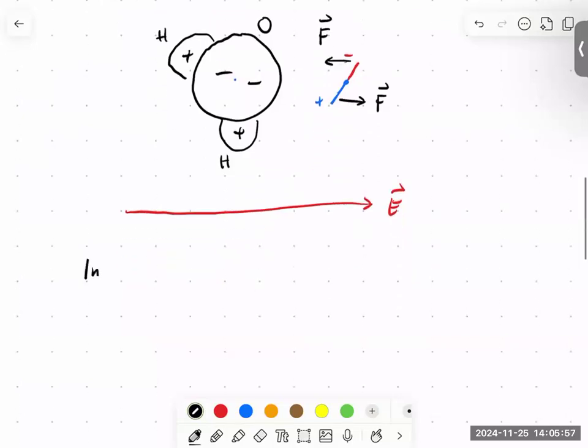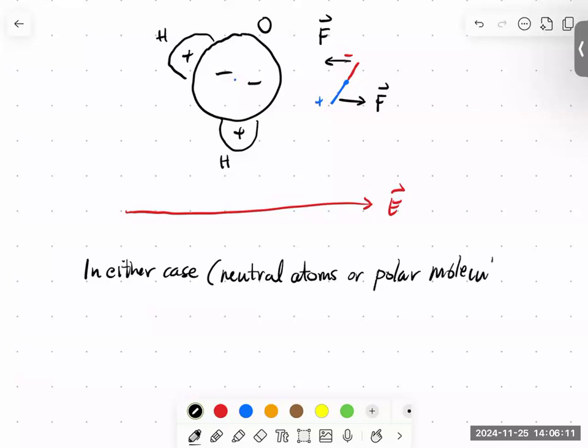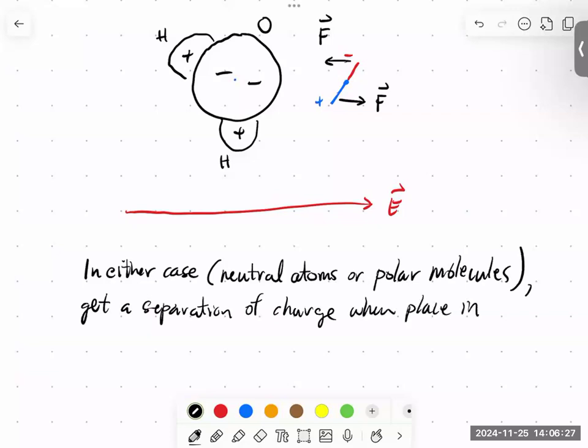So in either case, of neutral atoms or polar molecules, we get a separation of charge when placed in an electric field.